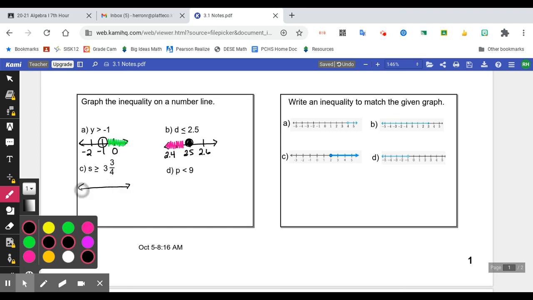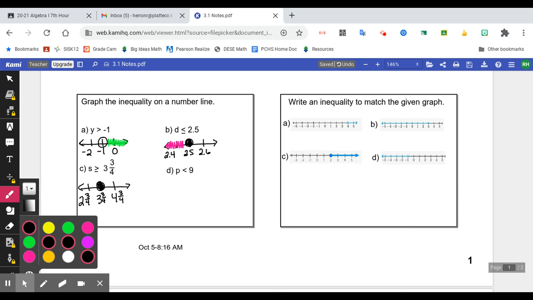For our next one, we have fractions. So again, you can count by anything you would like. If you want to do 2 3/4, 3 3/4, probably the easiest one. Okay. s is greater than or equal to, which means that it's filled in.